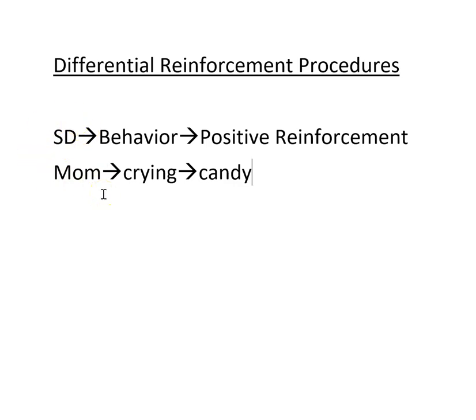Okay, so now we have the function of the behavior. We know that it's tangible. So based on this, when you see a contingency, the contingency looks like this, SD, without any terms or labels of what's happening in the environment.